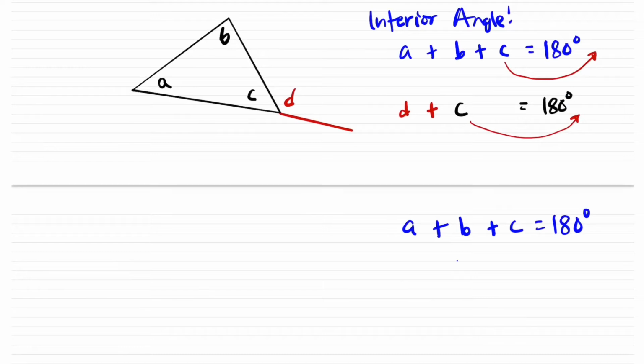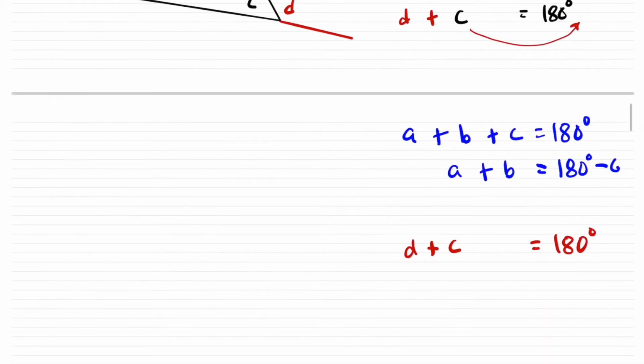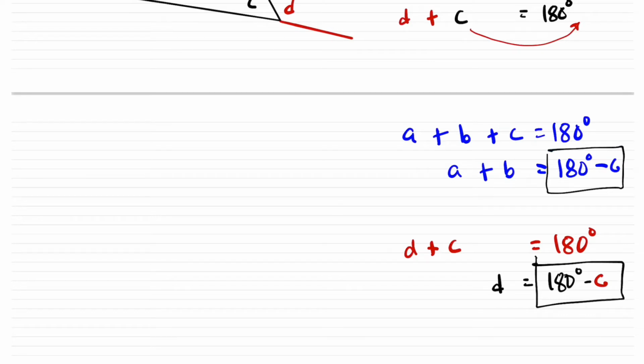If we move C, it becomes A plus B is equals to 180 minus C. Now if you do also the other one here, D plus C is equals to 180 degrees, then we move C to the other side, so we have D is equals to 180 degrees minus C. Now if you notice, this one here and this, they are equal.